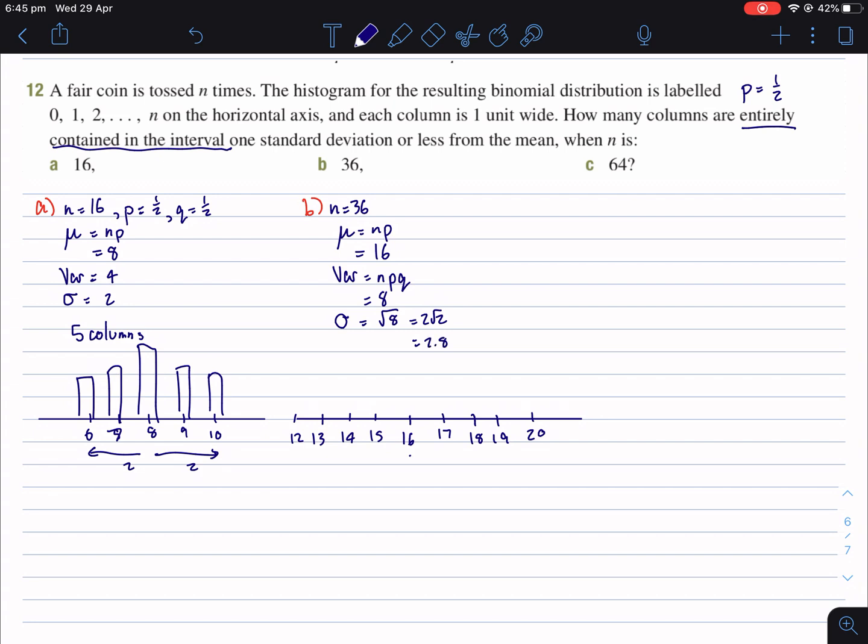So we would go up 2.8 to 16 plus 2.8, so that'd be 18.8. And we would go down 2.8, so that'd be 13.2.